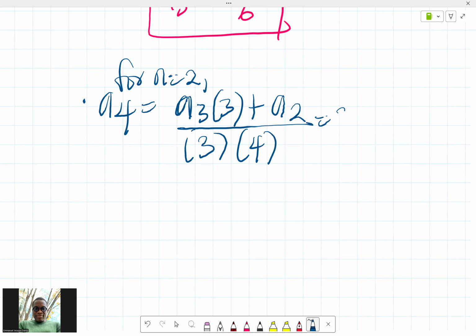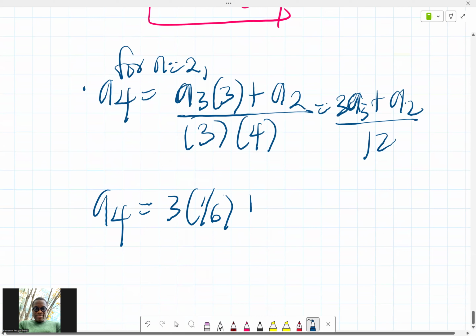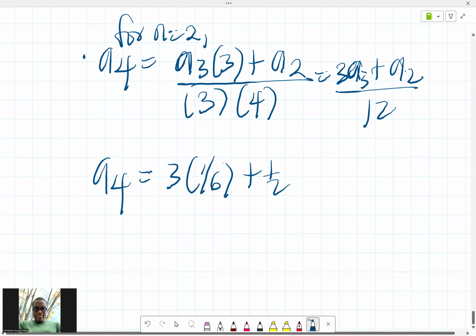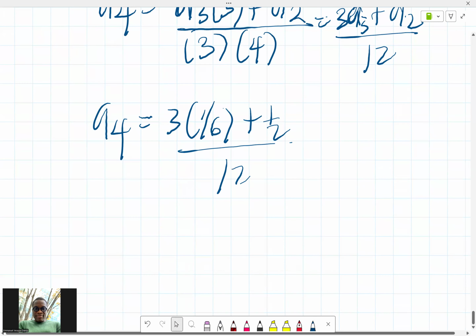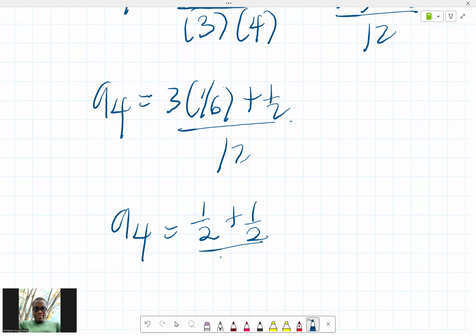So this is (3a3 plus a2) all over 12. The a3 we got before was 1 over 6, and a2 is half, all over 12. So a4 is 3 times 1 over 6, which is half. So half plus half is 1, all over 12.